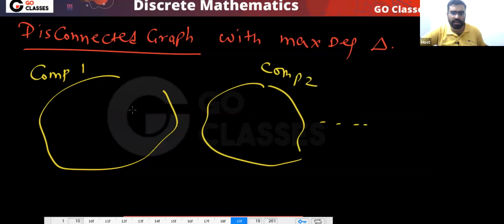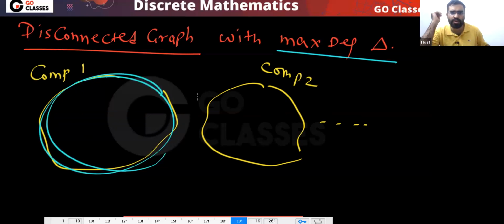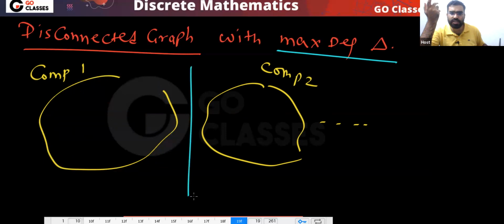The maximum degree is delta. Tell me one thing: the colors that you are using here, can you use those colors here? Yes, because there is no edge.